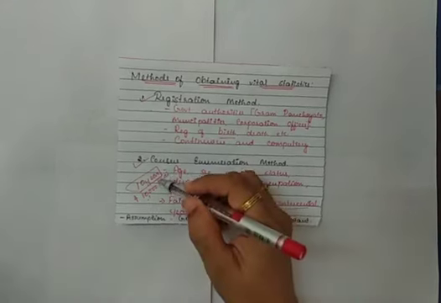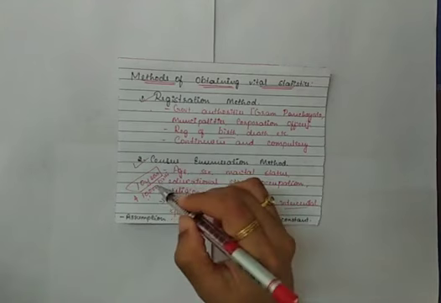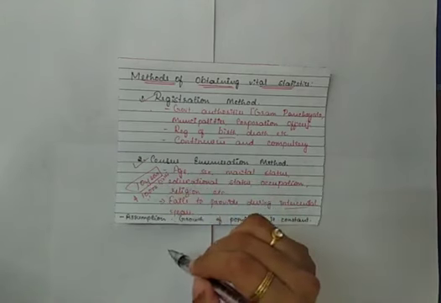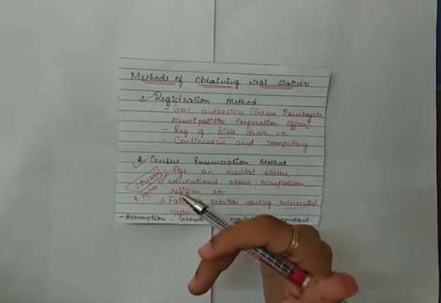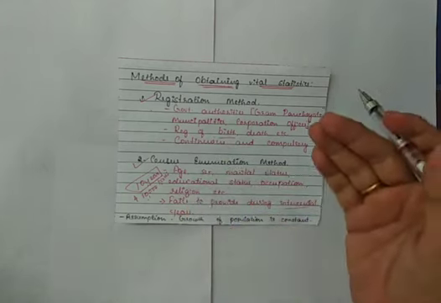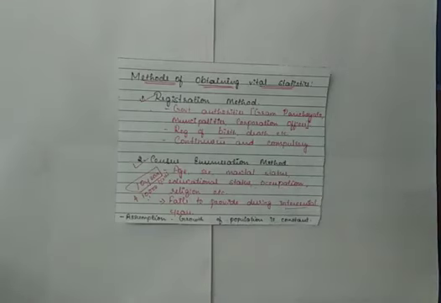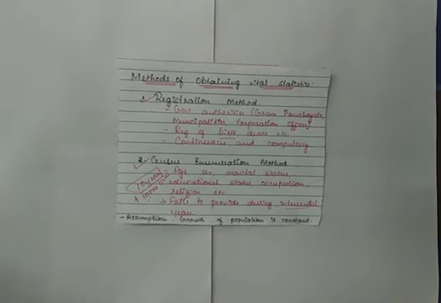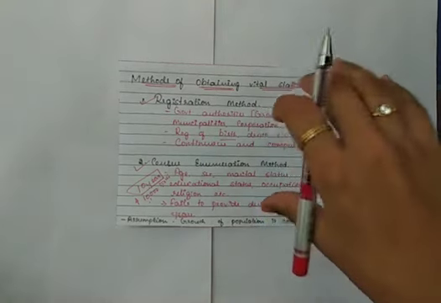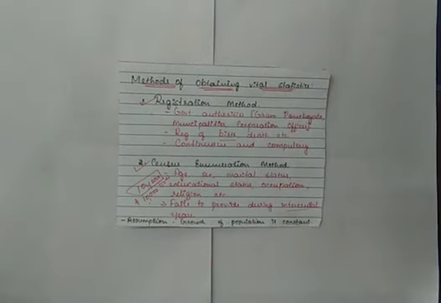That means if during the year of census there are 10,000 births, they assume that next year also there are only 10,000 births. It may vary, it may go to 9,000 or 11,000, but they assume that it is constant. This is one drawback of the census enumeration method. So these are the two methods of obtaining vital statistics.